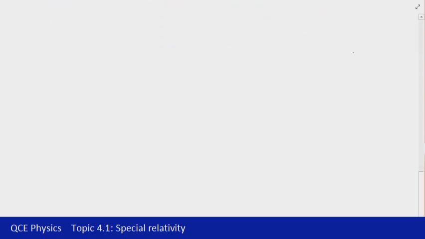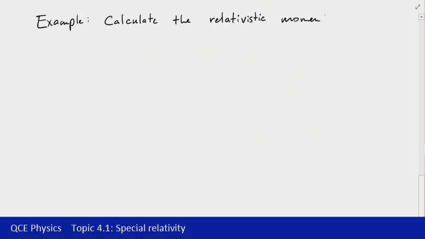Finally, let's just have a look at a quick example of a calculation that uses relativistic momentum. I mentioned earlier about protons in the Large Hadron Collider, so we'll use that as a context that makes some sort of sense and is actually relevant, rather than some of the somewhat unrealistic scenarios that we've been dealing with regarding Alice and Bob. So if we consider the relativistic momentum of a proton, and now you could look up in the data booklet that the proton has a mass of 1.6726.